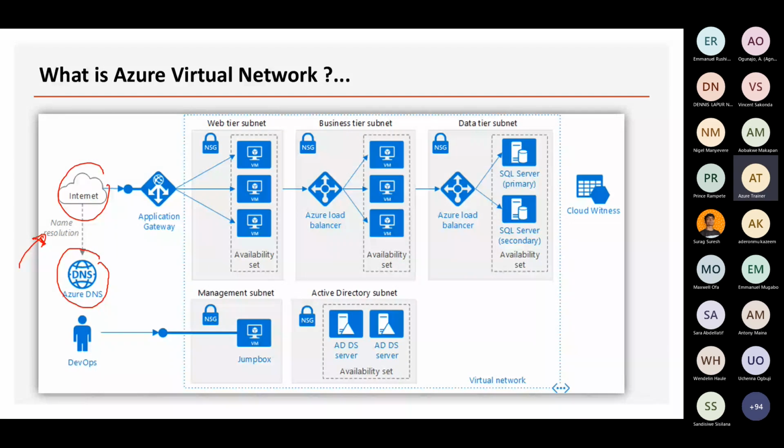You have a load balancer or an application gateway coming into the picture. You have something called an internal firewall, that is NSG, or an external firewall working with the help of a concept called Azure Firewall. You have a load balancer present here. You have an availability set present here, and you also have different subnets. So almost 35 plus services participate in making a network for your solution.